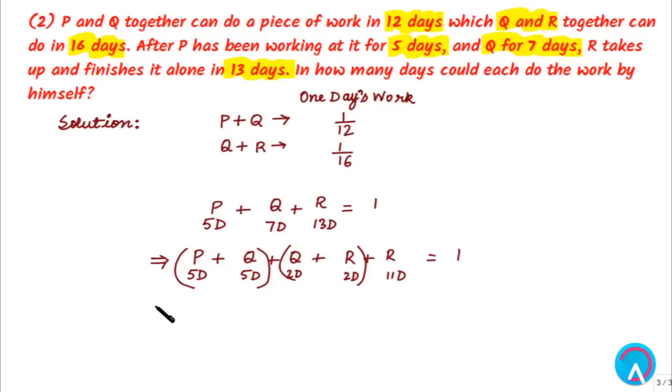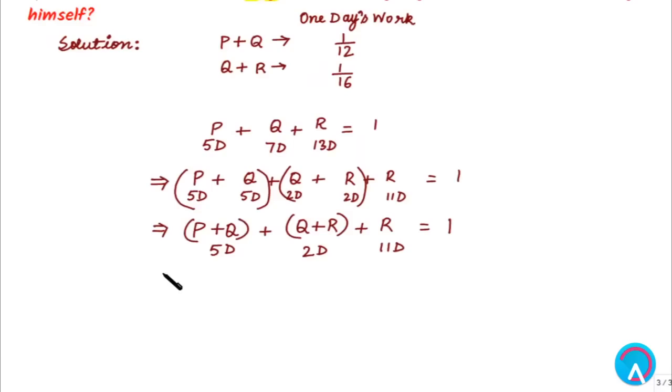So this can be now written as P plus Q 5 days plus Q plus R 2 days plus R 11 days is equal to 1. So this will imply, now we know that P plus Q's 1 day work is 1 by 12th.